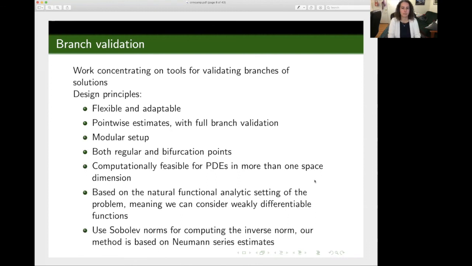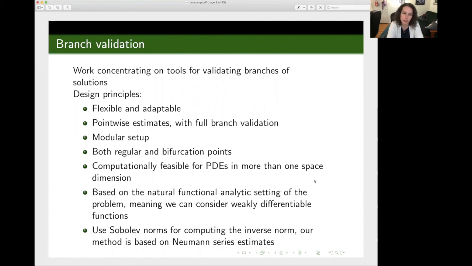And so I wanted to mention the design principles behind this rigorous numerical validation method that I'm going to talk about. So our goals were to have something that was flexible and adaptable, and where point-wise estimates at the branch would give full branch validation.